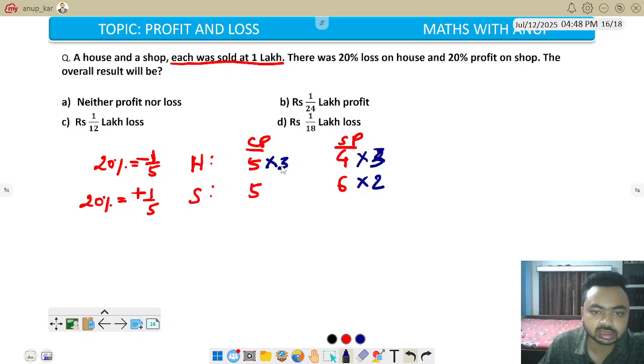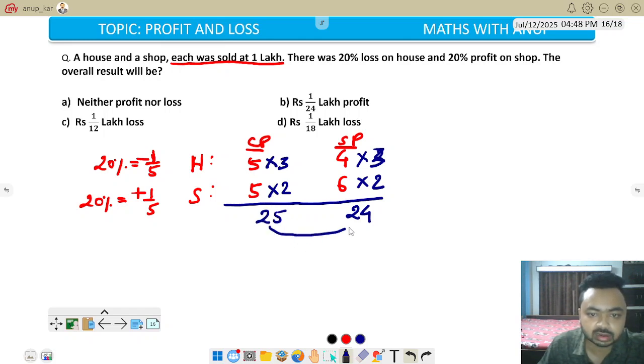So we multiply 5 with 3 and 5 with 2. Here we will be getting total SP as 24, and the cost prices as 5 into 3 is 15 and 5 into 2 is 10, total 25.